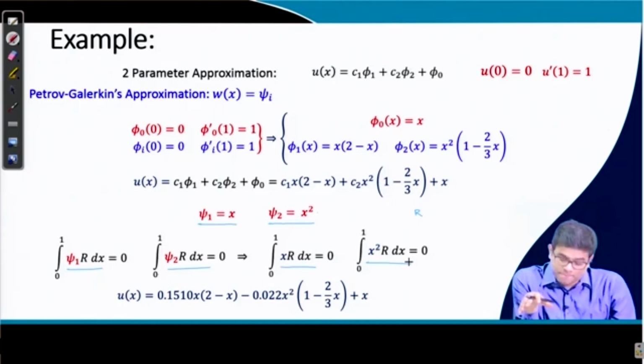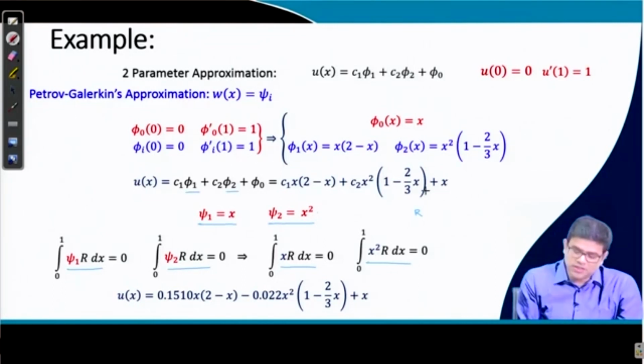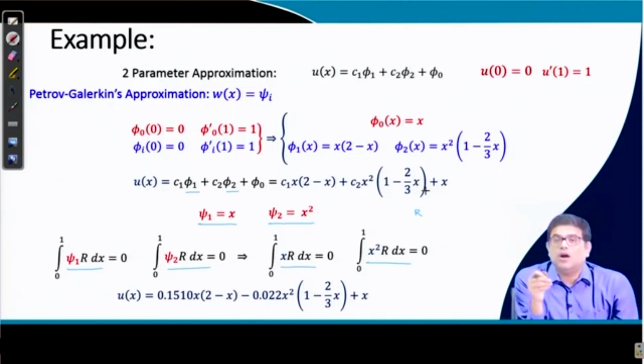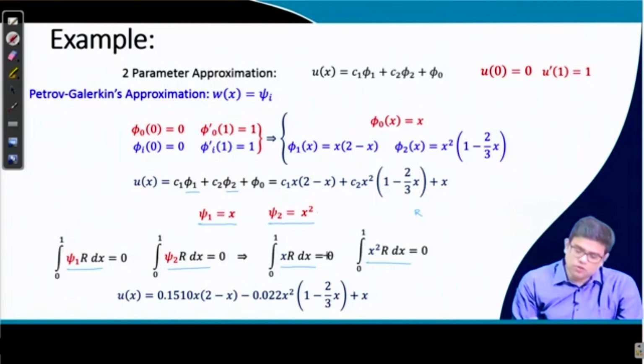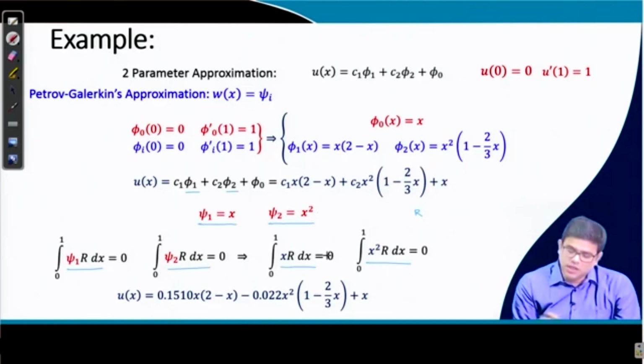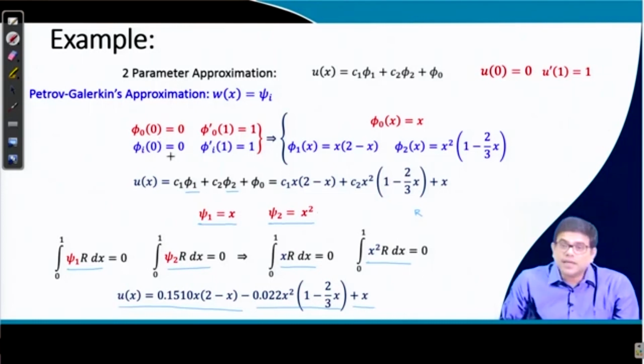It has to be a complete polynomial to obtain a linearly independent system. If I perform the same exercise that we did earlier for the Galerkin case, we obtain this kind of solution for the Petrov-Galerkin method. The important thing is that the phi approximation, or the field variable approximation, remains the same. There is no change in the field variable approximation compared to the Galerkin method.